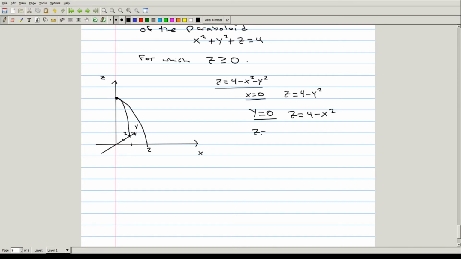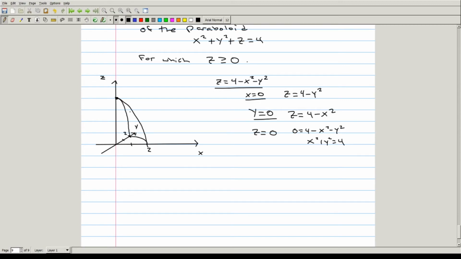And lastly, if you consider this function at z equals 0, you get the equation 0 is equal to 4 minus x squared minus y squared, or x squared plus y squared is equal to 4, which is a circle of radius 2.